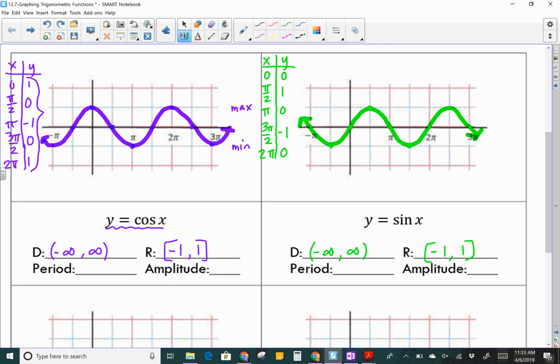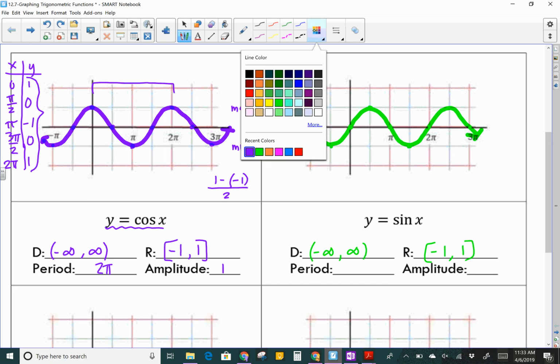So a period is the horizontal length of one cycle. How long did it take before it started repeating the values? And that's 2 pi. My amplitude, as we said, comes from the max. What's the max of my graph? 1. And the min of my graph is -1. If I subtract those and divide by 2, I will find that my amplitude is 1.